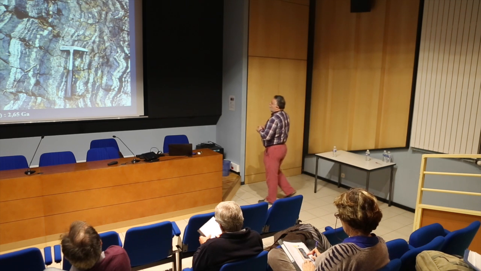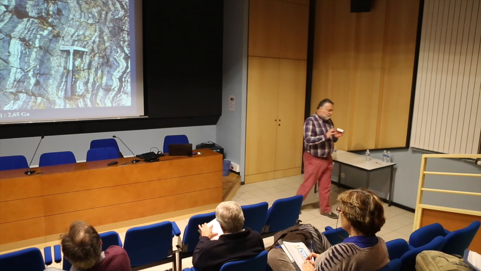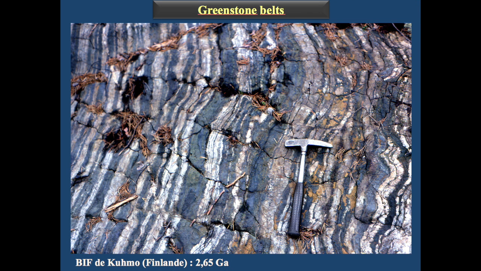Another kind of sediments restricted to the Archaean and beginning of the Proterozoic are the banded iron formations, called BIF for banded iron formation. So these are some layers due to the precipitation of elements in solution in water. So there is precipitation of silica in white, and here this is iron oxide in black.